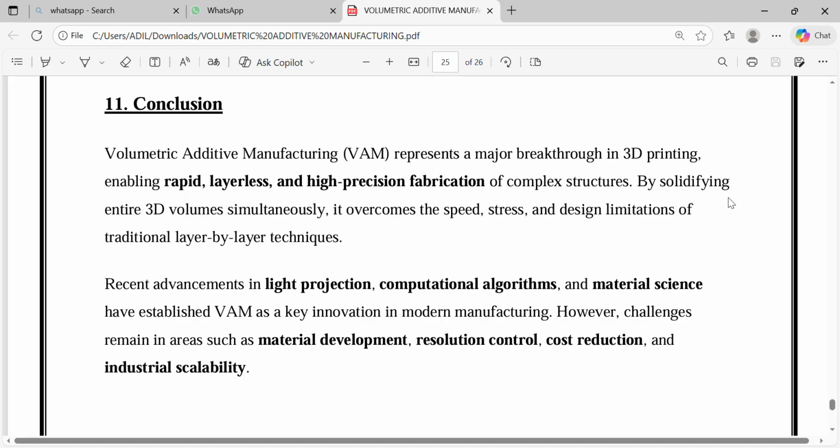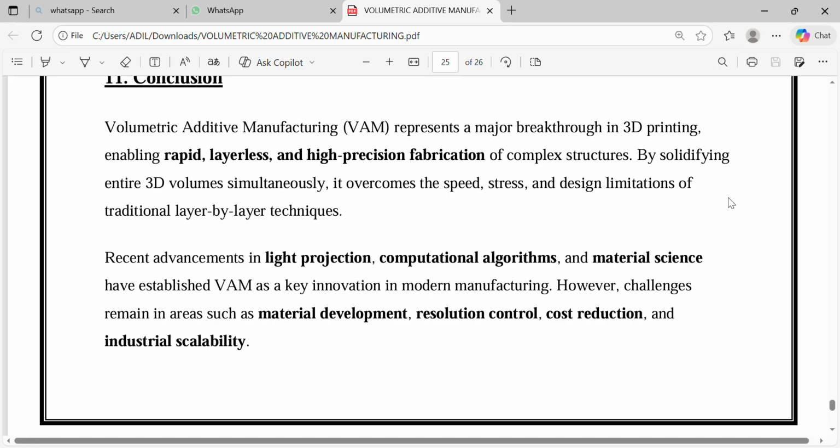Recent advancements in light projection, computational algorithms, and material sciences have established VAM as a key innovation in modern manufacturing. However, challenges remain in areas such as material development, resolution control, cost reduction, and industrial scalability.